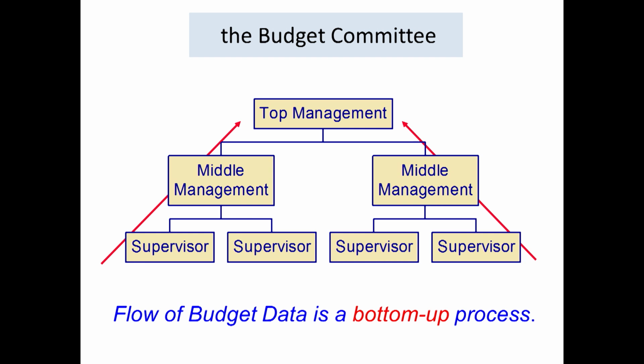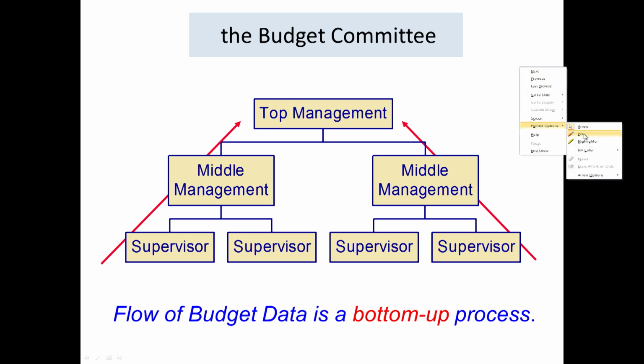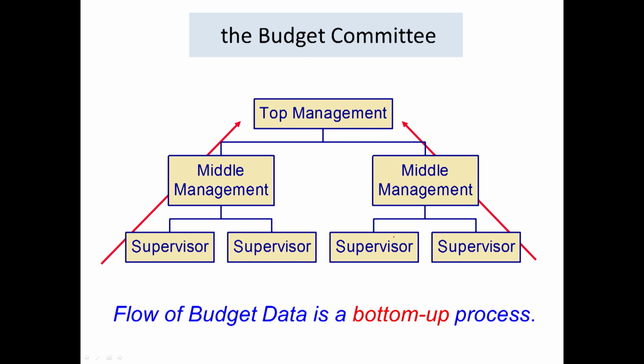Now, the most effective type of budgeting is something called participative budgeting, or a bottom-up process, okay? And that's when you gather information from everybody in the organization to help you as you prepare your budget. Now, the opposite of a bottom-up process would be a top-down approach, where top management just makes the budget for everybody.